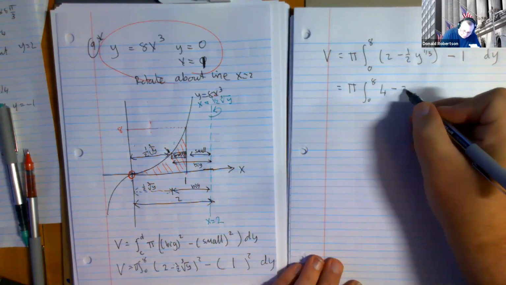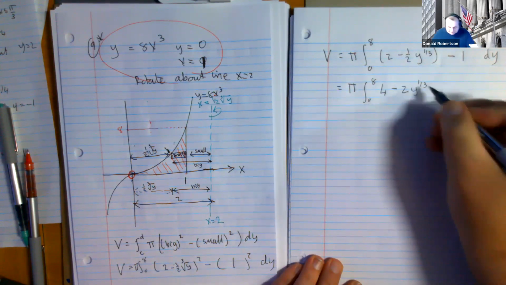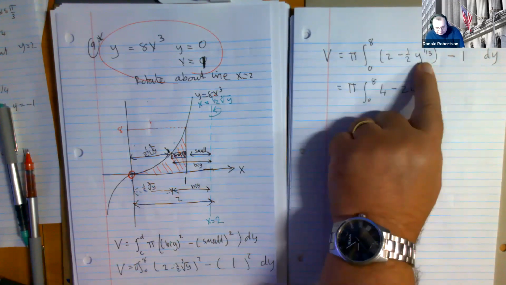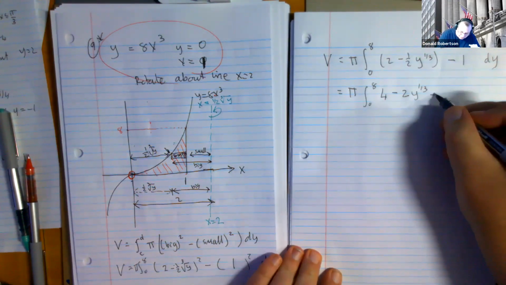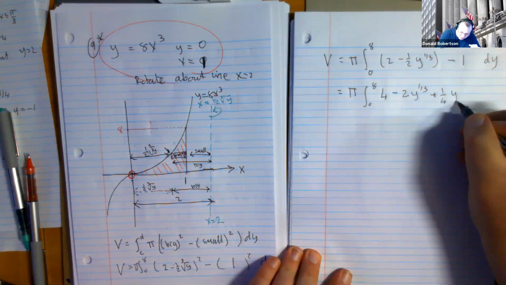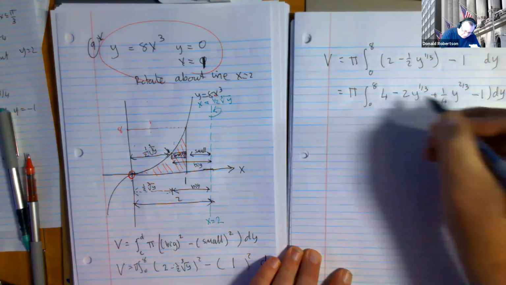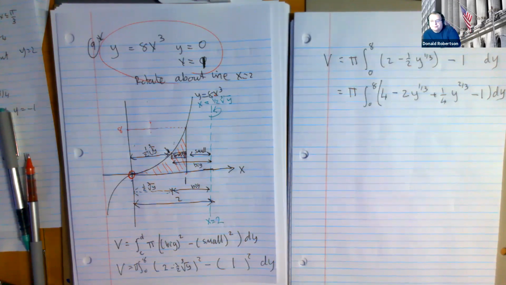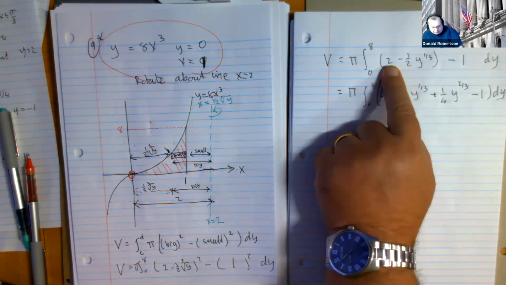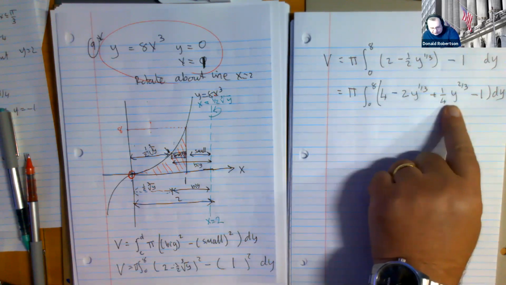Eventually, you're going to get 2 of these guys, and you're going to get this guy times itself. That's going to be a quarter y to the 2/3 take away 1. So if you do this guy times itself, you will eventually get these 3 take away 1.